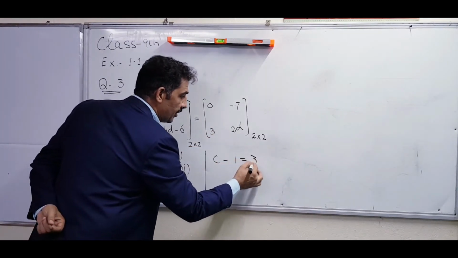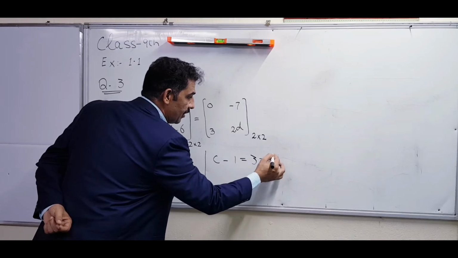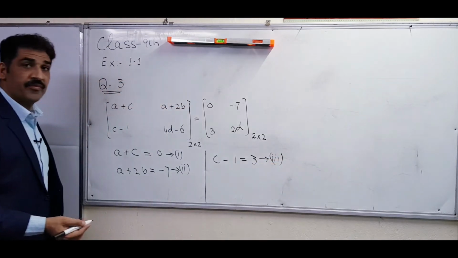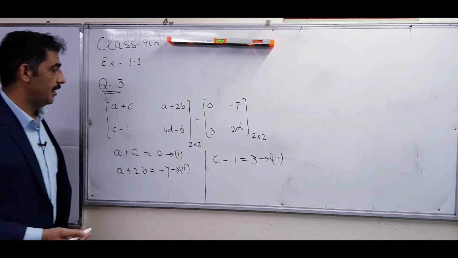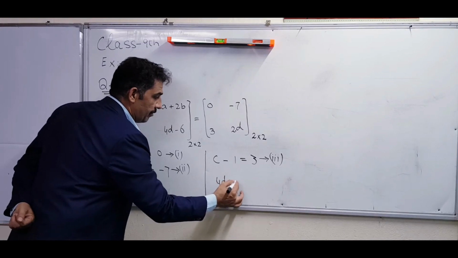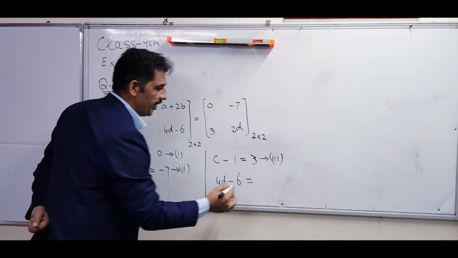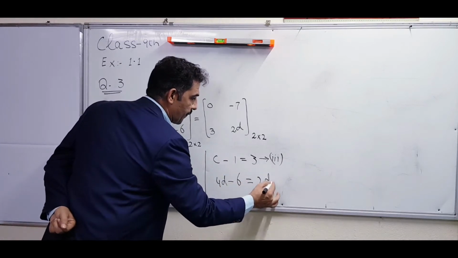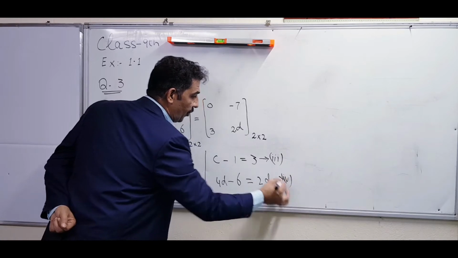Good. So that is equation number 3, the third element. And the fourth equation will come from the fourth element: 4D minus 6 is equal to 2D. Good. And that is equation number 4.